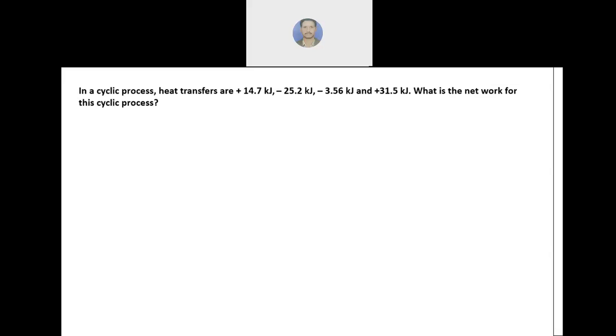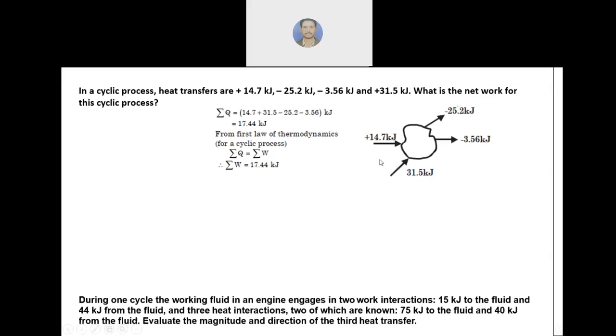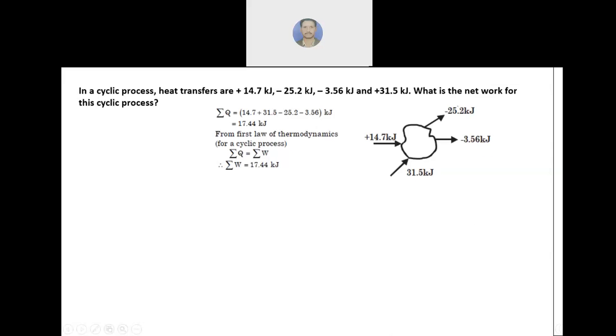Now for a cyclic process, what is the first law of thermodynamics? This is the first law of thermodynamics for the cyclic process: total heat transfer equals total work transfer.